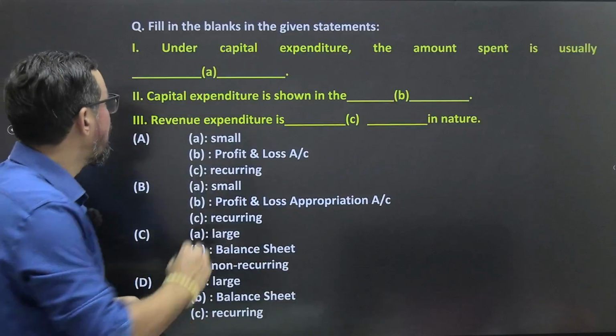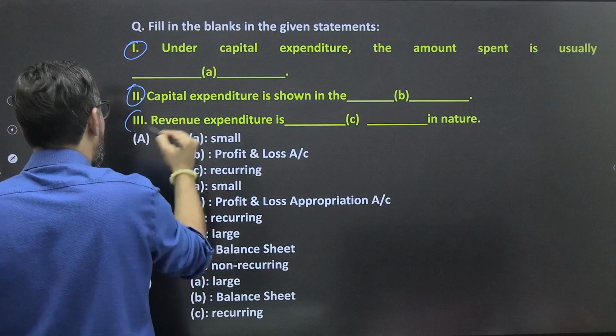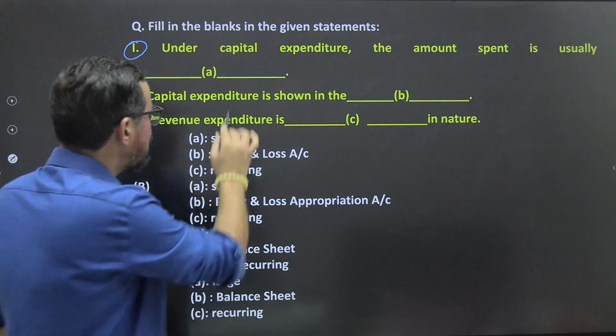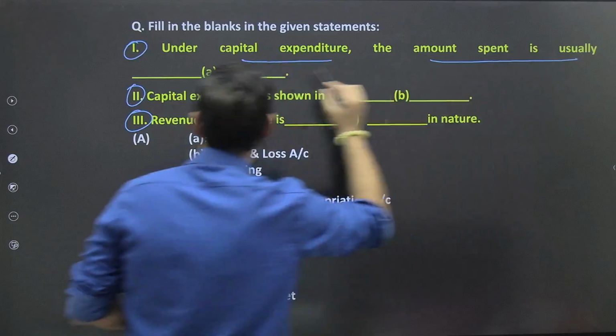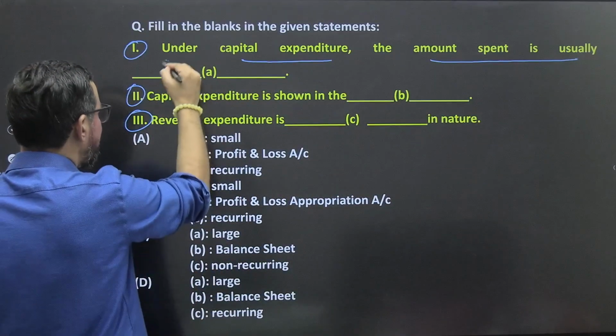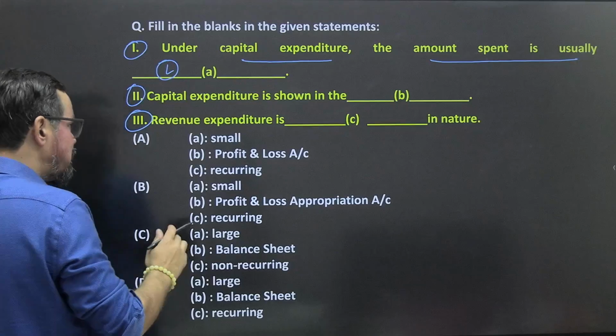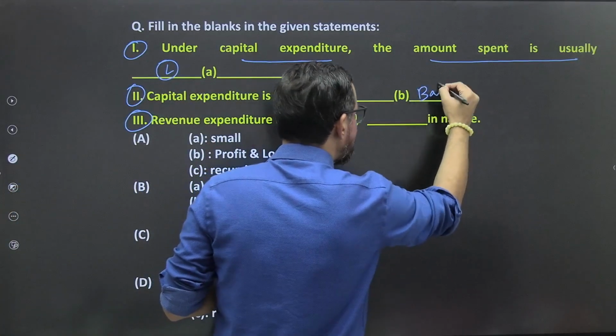Next one, fill in the blank in the statement. Statements 1, 2 and 3. Again, one mark question. So under capital expenditure, the amount spent is usually high, or large. They have given large in the option. Capital expenditure is shown on the asset side of the balance sheet.